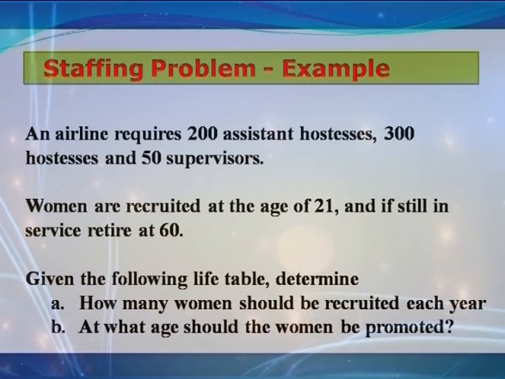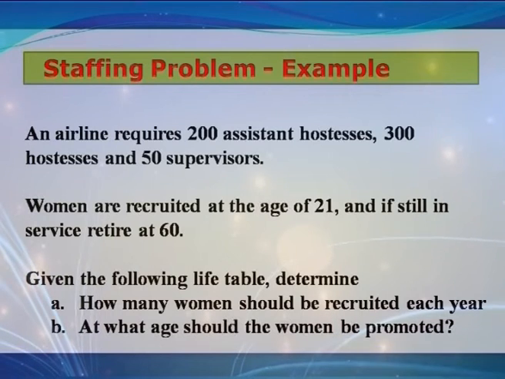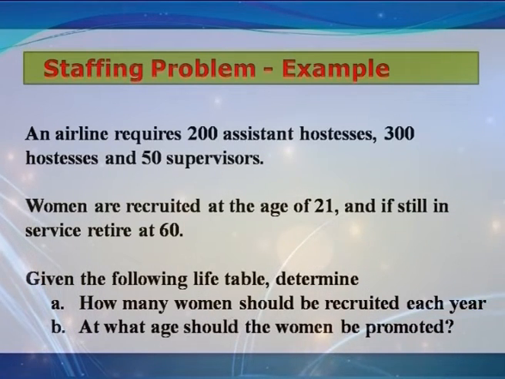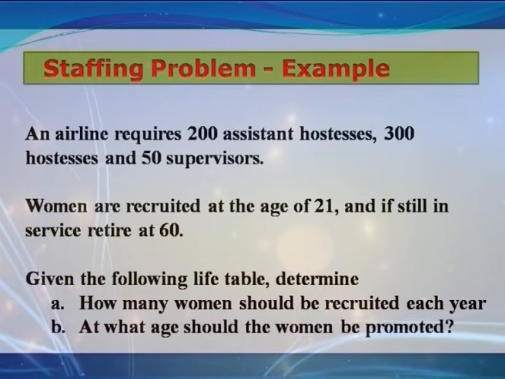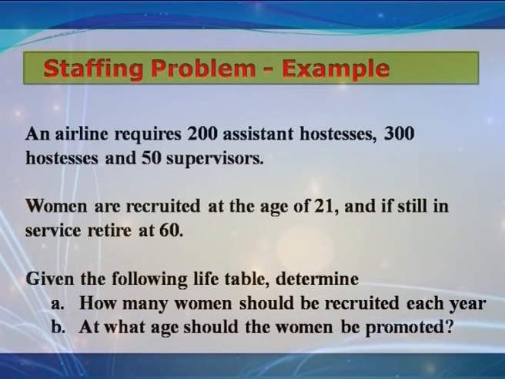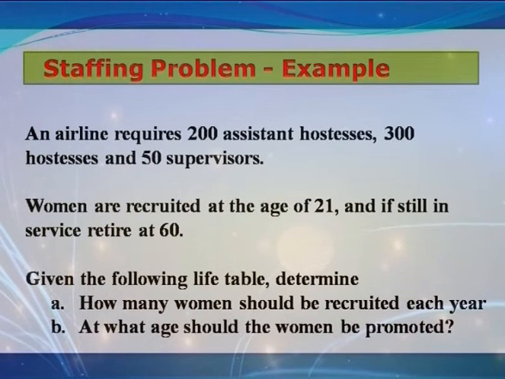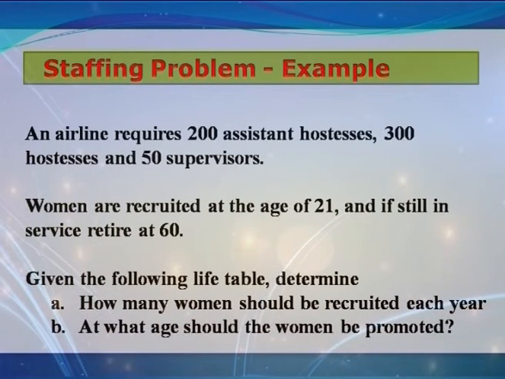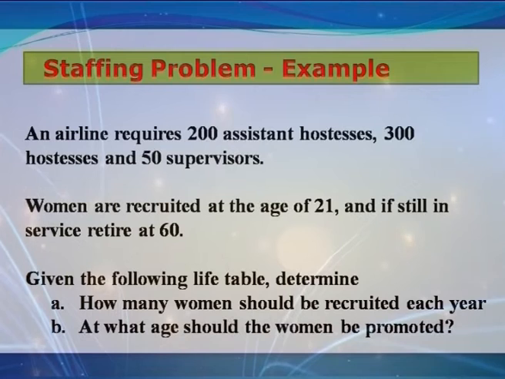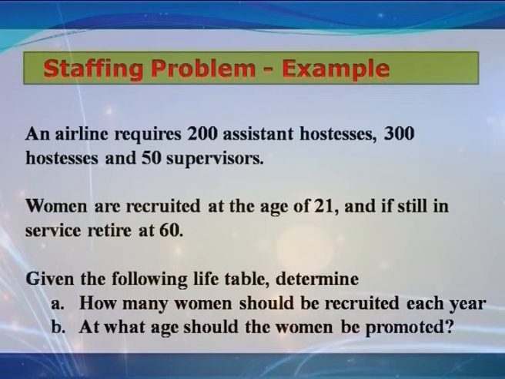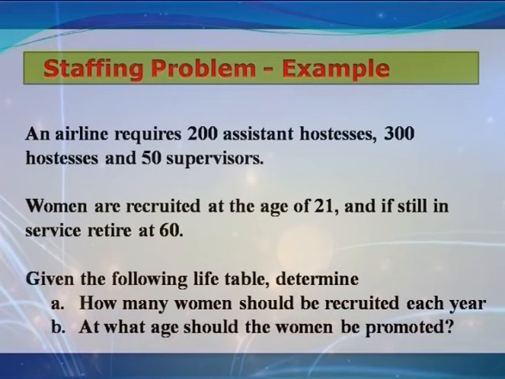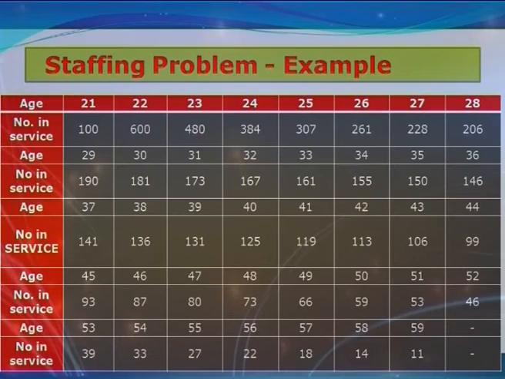An airline requires 200 assistant hostesses, 300 hostesses and 50 supervisors. Women are recruited at the age of 21 and if still in service retire at 60. Given the following life table, determine how many women should be recruited each year and at what age should the women be promoted.